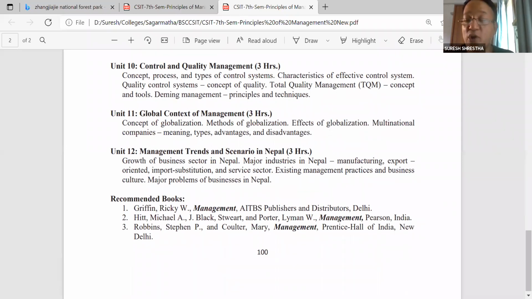Unit 10 is about control. So you have a plan. It's not necessary that you have a plan and everything goes as planned. So there have to be certain controlling mechanisms, certain controlling things that you have to get the things under control as you have planned.